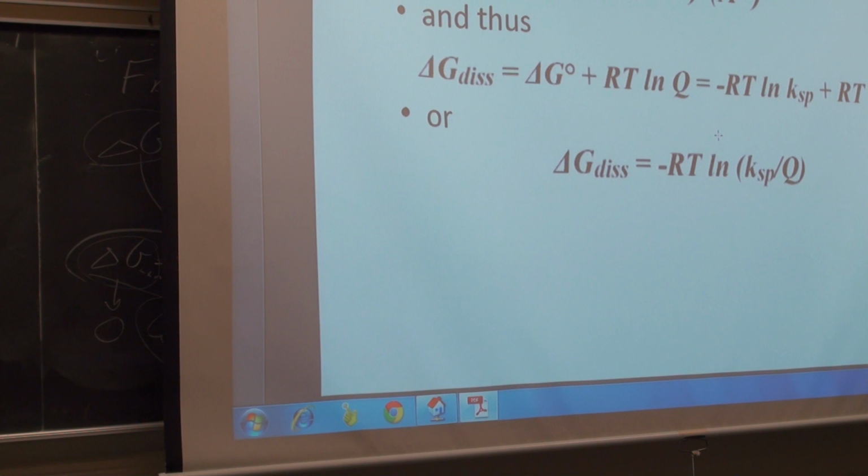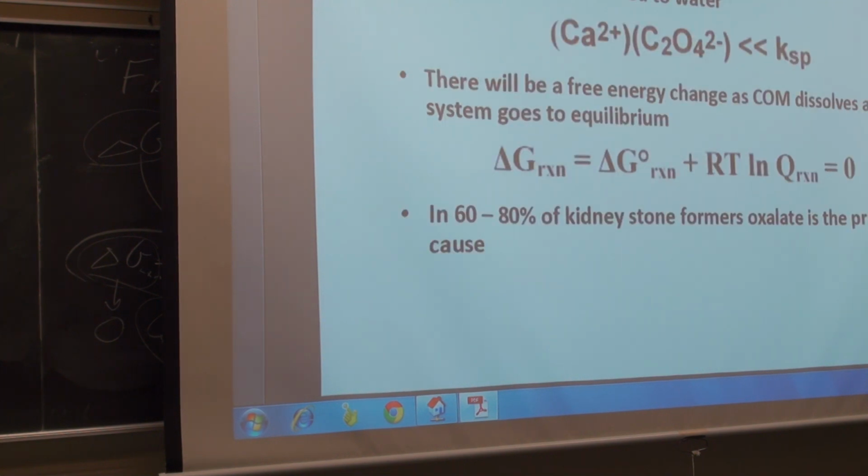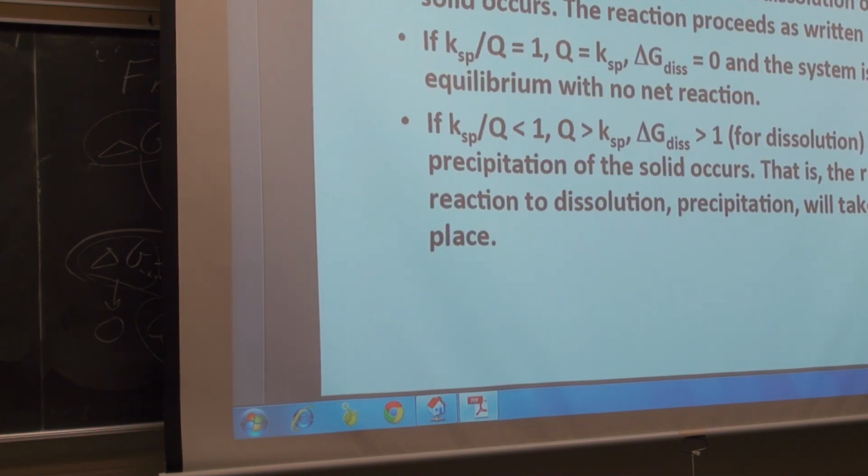And so whether you have a negative delta G, which tells you this reaction is going to go this way, or a positive delta G, which tells you the reaction is going to go this way, you can keep track of what's happening with this idea of KSP over Q. So this is a little bit complicated for this reaction, but this is the full story.